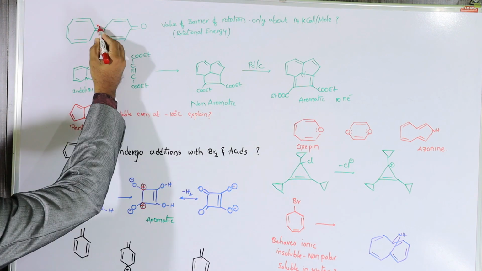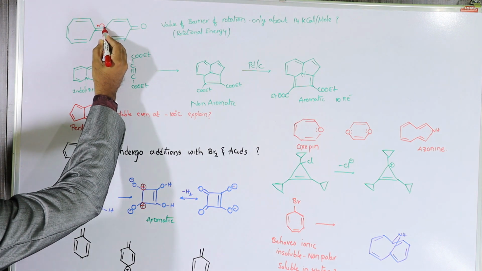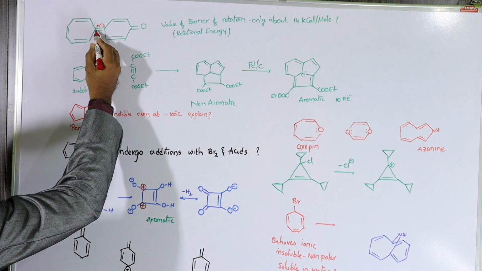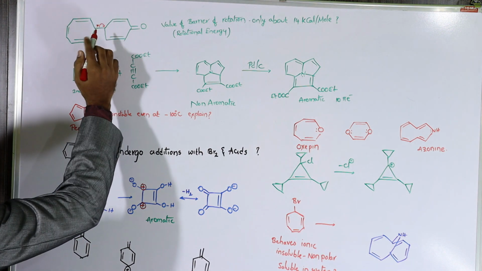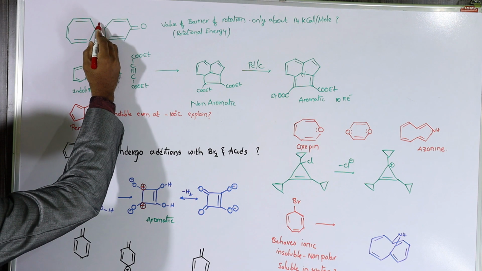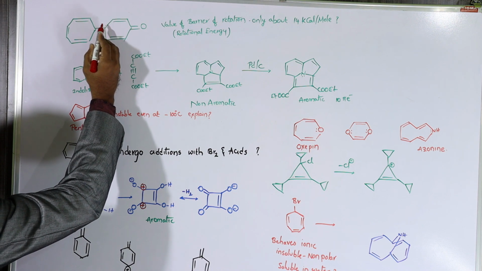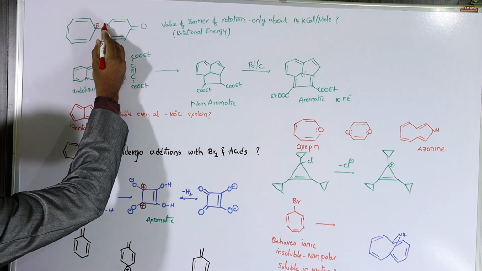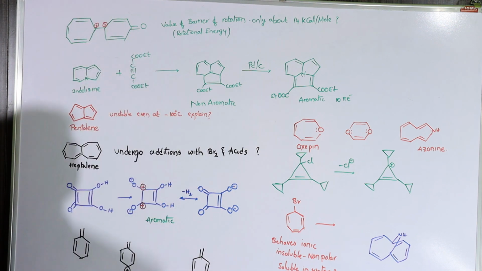Then this double bond moves towards this carbon. There is a formation of a single bond resulting from transferring this electron pair towards this carbon. Here we get a positive charge and here we get a negative charge.